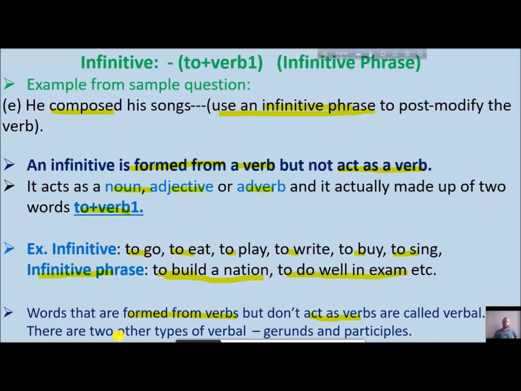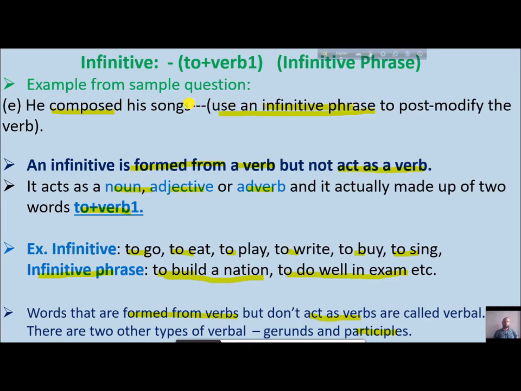In the English language there are two other types of verbal: gerunds, and another one is participle. It's now very easy for us to solve this question, as here we have to use an infinitive phrase, and we have already learned what an infinitive phrase is.